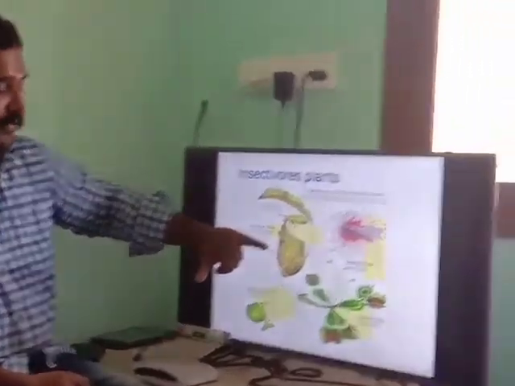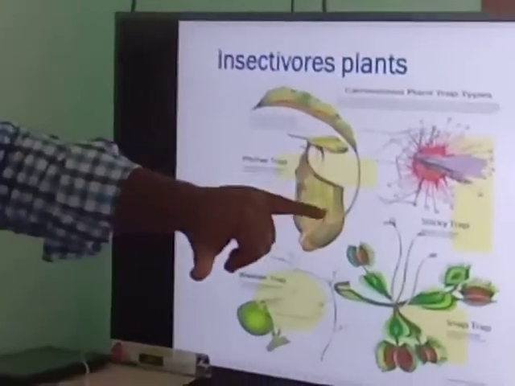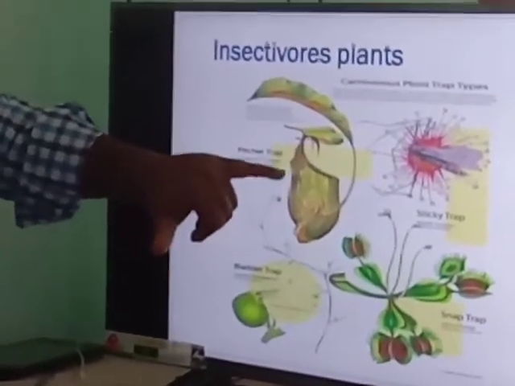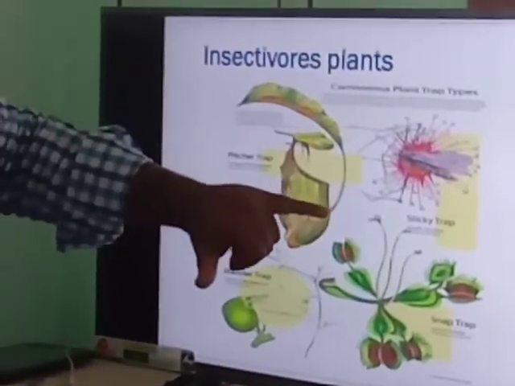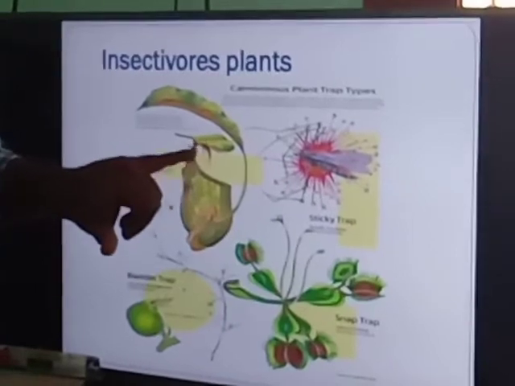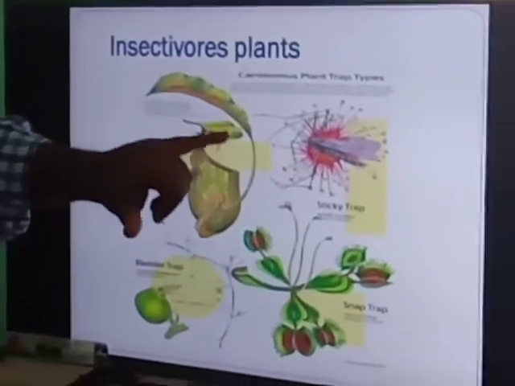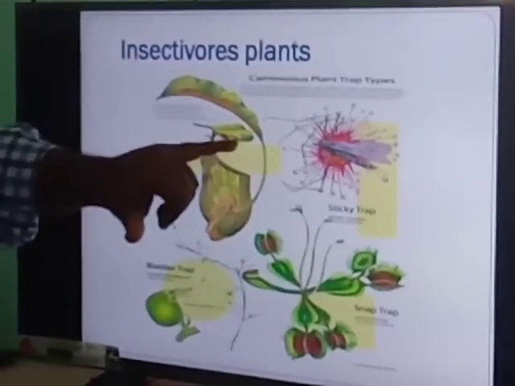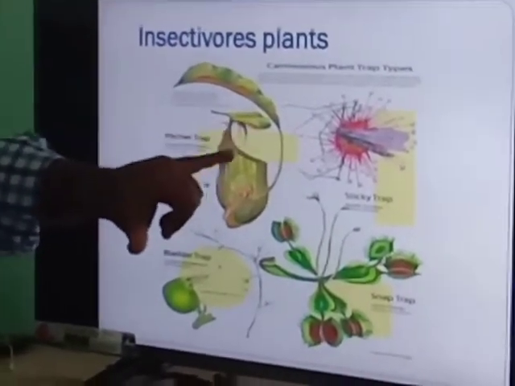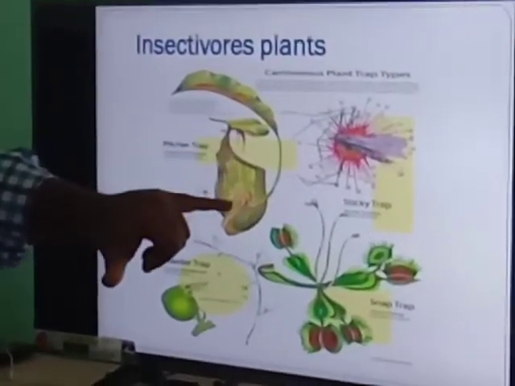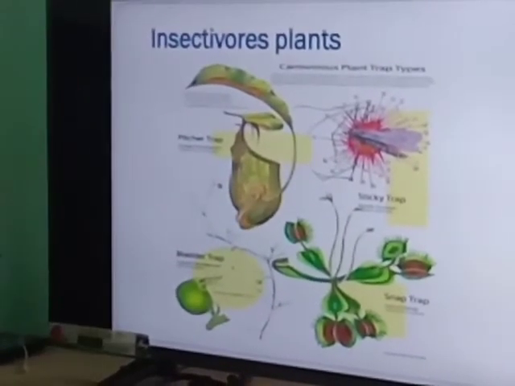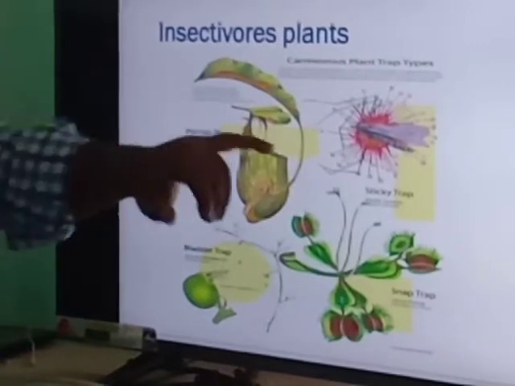First one is the pitcher plant. The leaf is modified into a tub-like structure. In this tub, they will have digestive juices. Here they will be secreting nectar and colors. So the insects are attracted by the nectar and colors of this area, and they will fall into the digestive juices, and the pitcher plant will digest the insect.